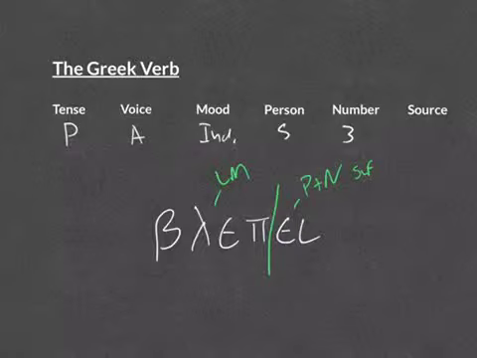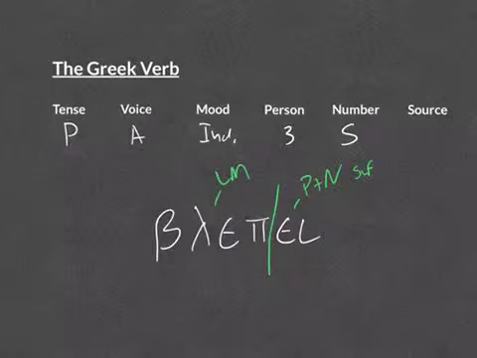So how would you translate this again? Blep A. You want to say it with me? Blep A. And we know blep is C. A is single. I did that backwards. Look at that. See, this is what you don't do. Numbers are not numbers. Third singular. So third person is what?